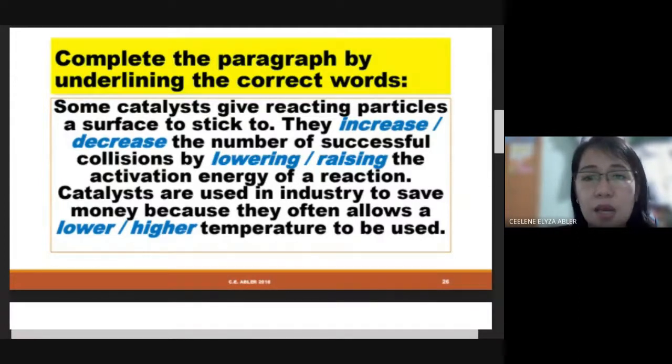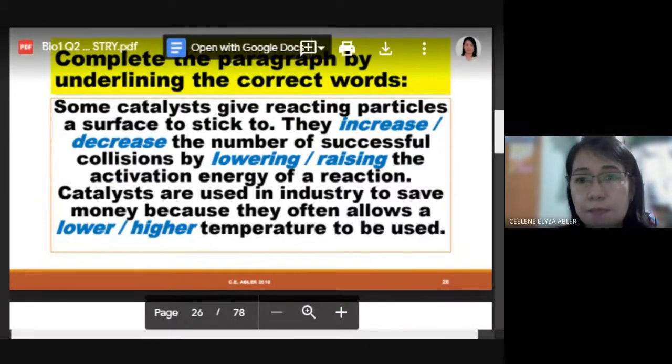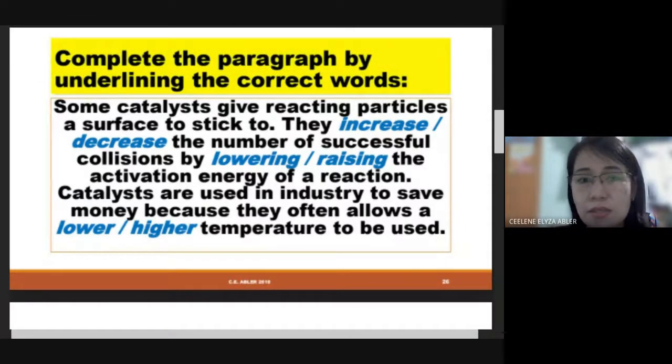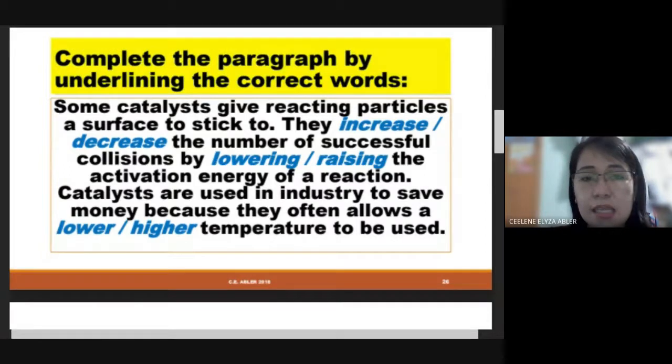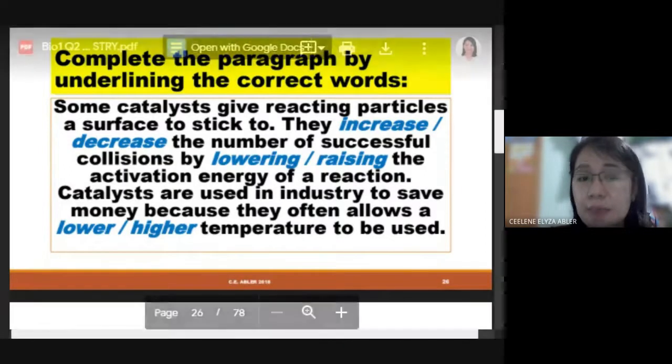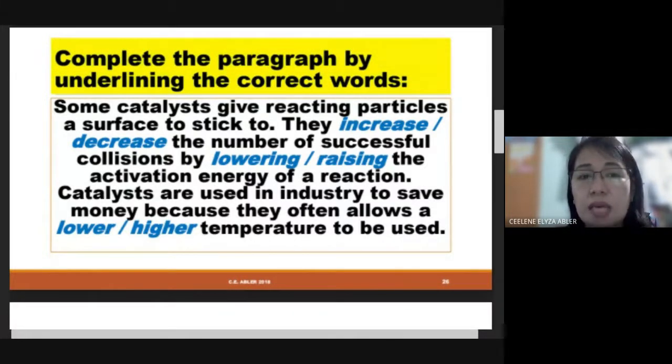So for this one, we have here, they increase or decrease the number of successful collisions. So the answer for this one is actually increase the number of successful collisions. And the answer for the second set, we have raising the activation energy of a reaction. So it's not raising, it's actually lowering the activation energy. Okay, that is the function of our enzymes.